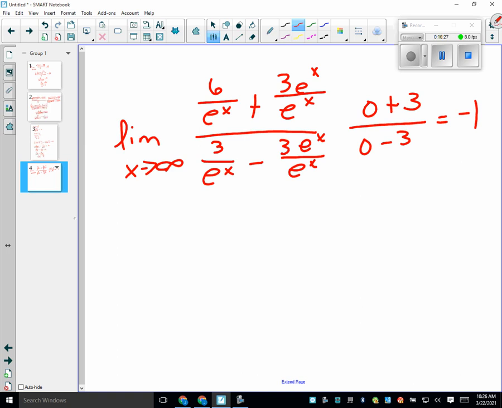Okay, now, to look for an asymptote, I have to look as I'm approaching infinity and as I'm approaching negative infinity. Agree? Yes. Now, when I go back to this original problem and put negative infinity in, e to negative infinity is 0.